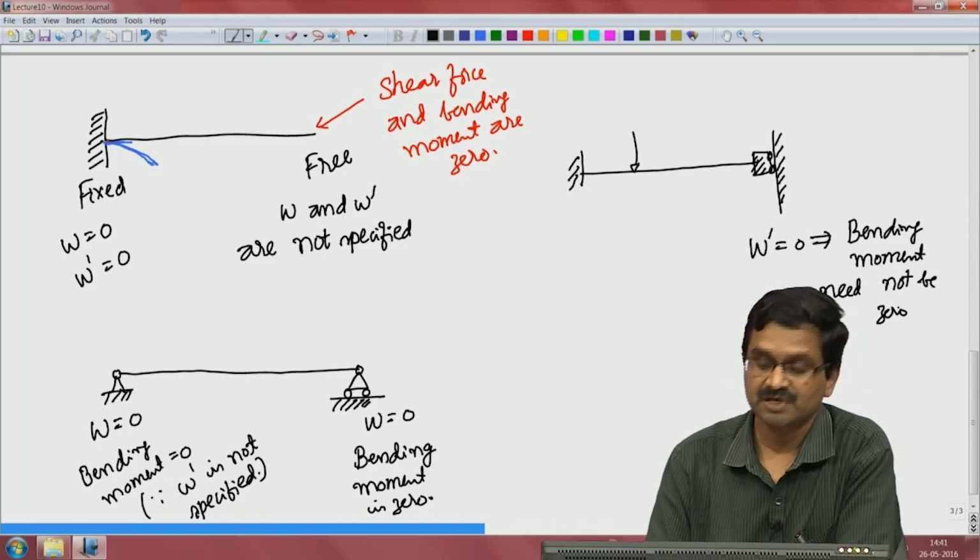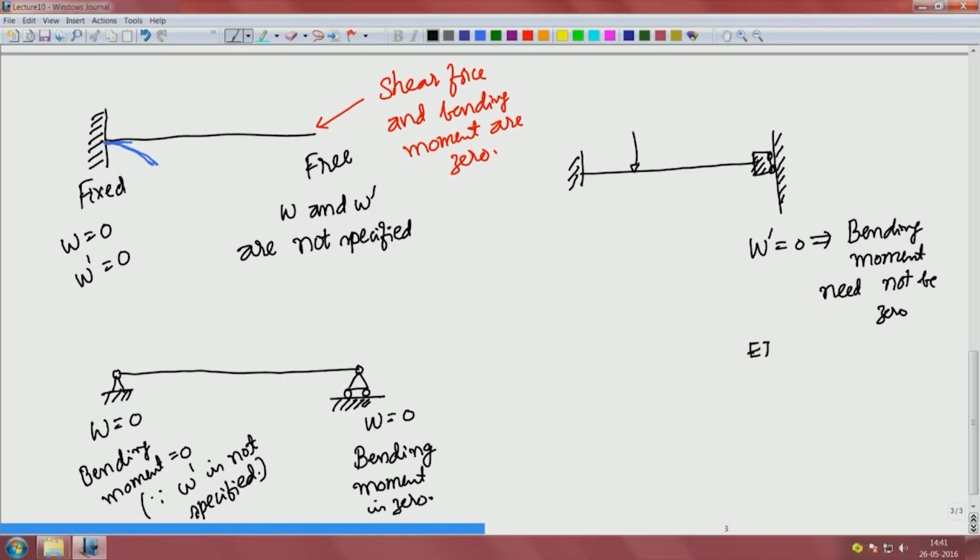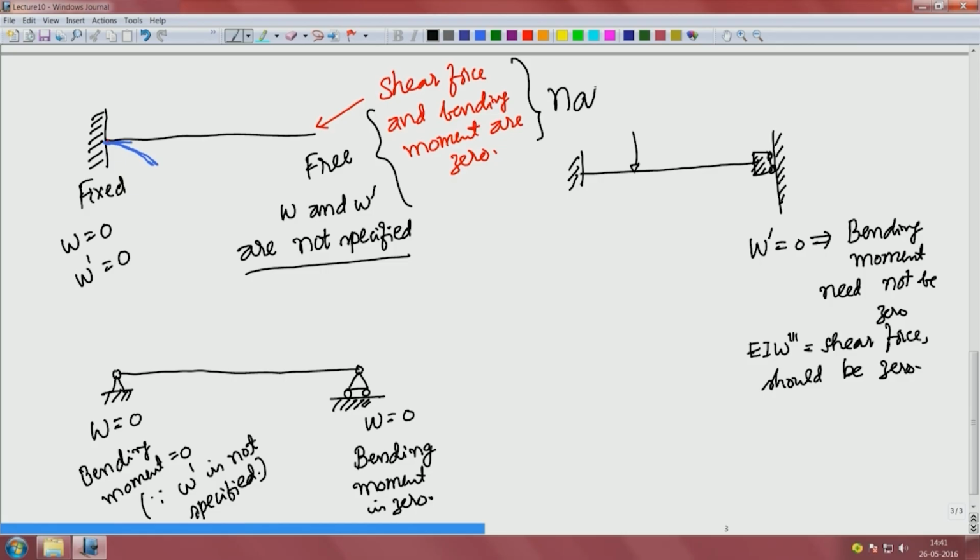Since W is not specified, then the EI W triple prime, which we said is shear force, that should be 0 because W is not 0. Okay. So, the Dirichlet and Neumann you can specify only one, either Dirichlet or Neumann, meaning either essential or natural. The fact that whenever W and W prime are not specified, automatically these things becoming 0 are called natural boundary conditions or Neumann boundary conditions. Naturally it happens, natural or Neumann boundary conditions.